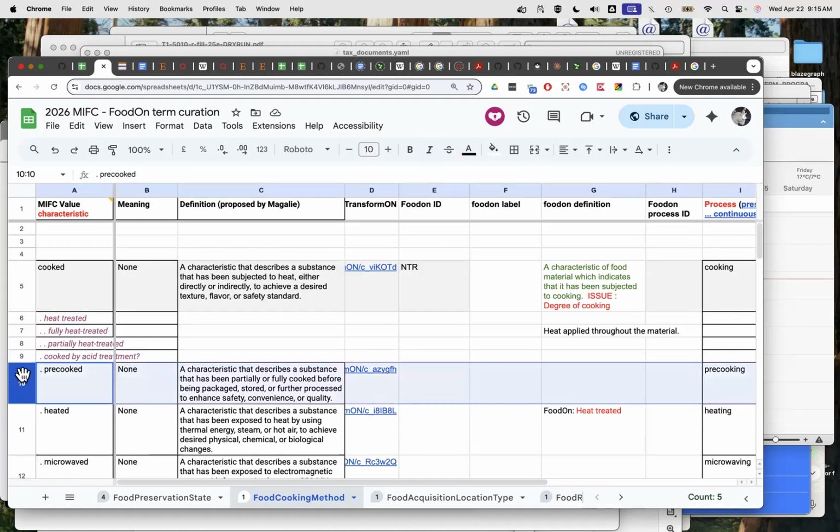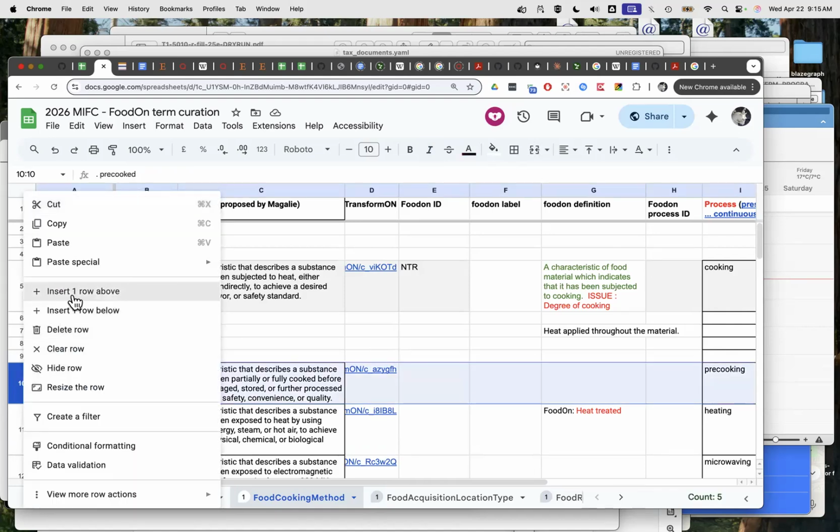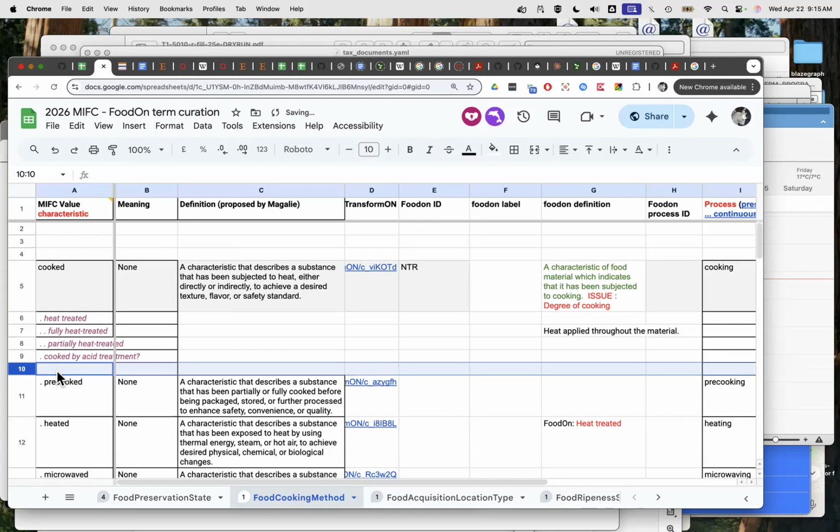I just have a quick question. Do we think that frozen, or deep frozen, is also heat treated? Or is that talking about cooked foods which have been cooked and then frozen?